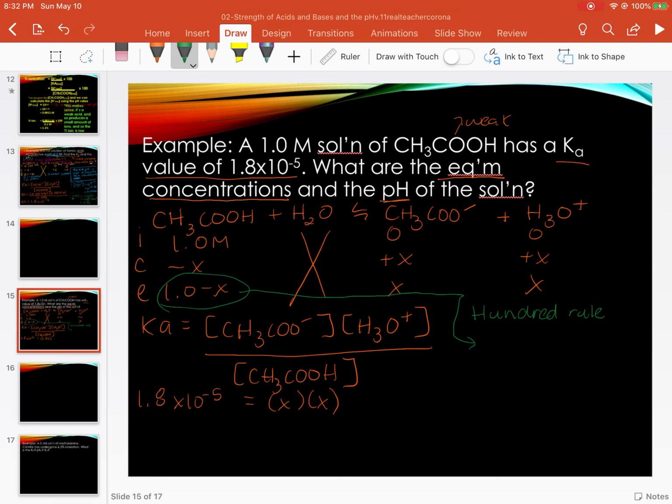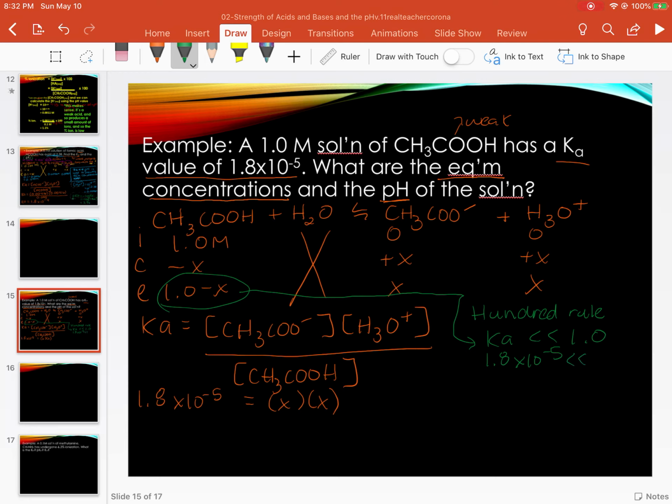So we have a Ka value, which is 1.8 times 10 to the negative 5, which is much, much smaller than 1. So again, is it 2 decimal places smaller? Yes.